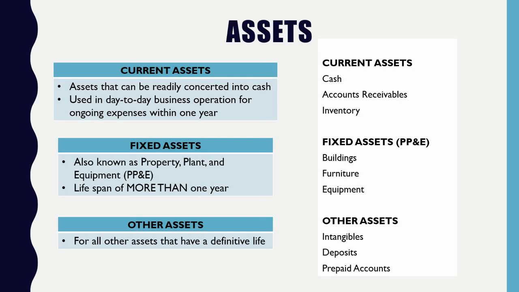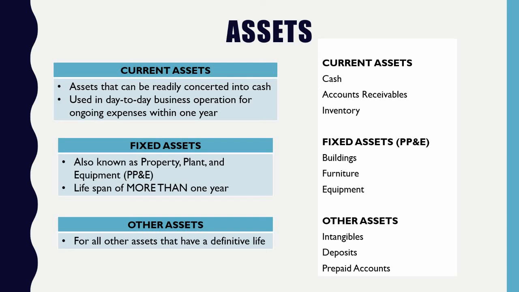All right. And then lastly, other assets. Now, other assets can be either intangible goods or things like deposits that you have or prepaid accounts. If you made a payment ahead of time, it's something that you own that another person owes, right? So other assets can be anything, so miscellaneous.